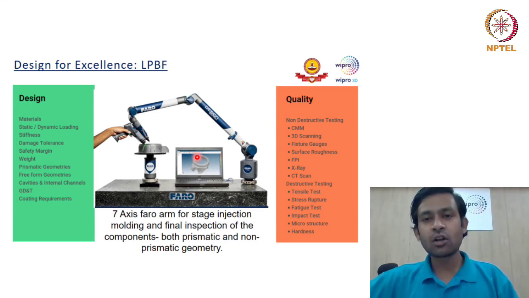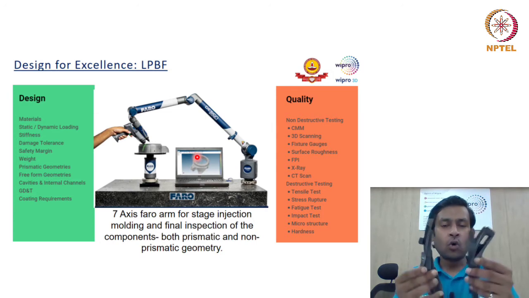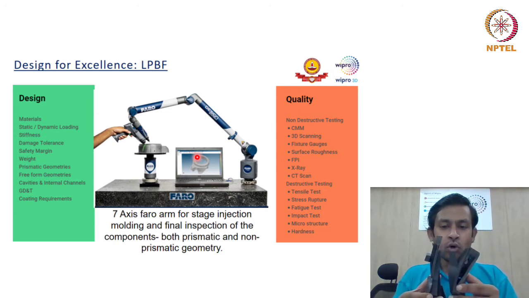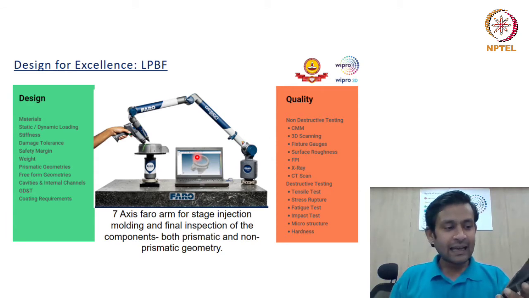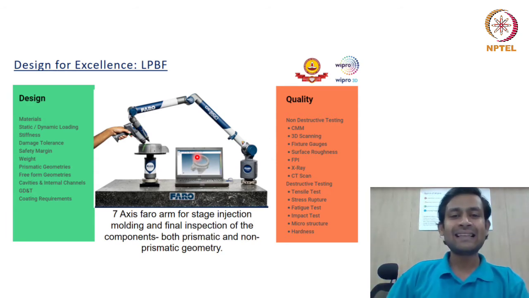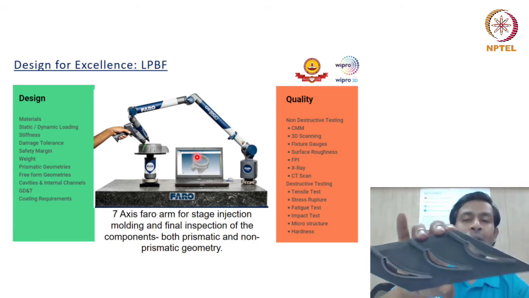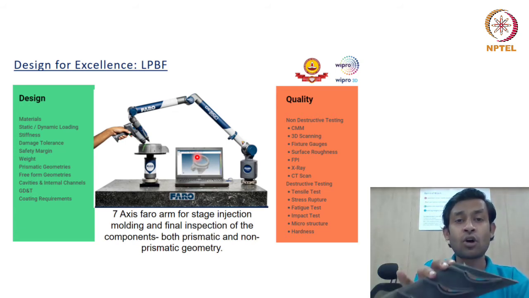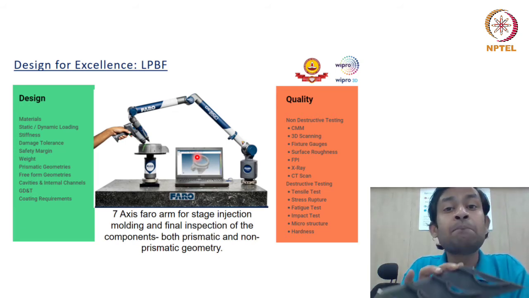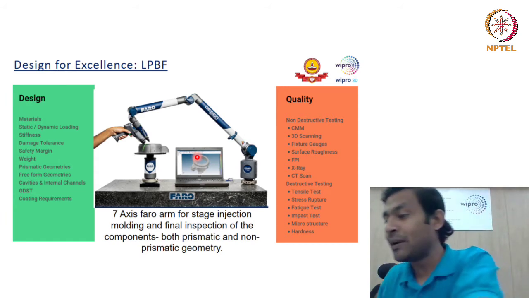So what was the methodology devised here? We built a component, a trial component, only to do the destructive testing. We bisected the component, and then now we could easily see what is the continuity of the hollow profile, whether it has been blocked by powder, whether it has been sintered or not, whether we are able to maintain the minimum gap in the profile or in the cavity channels that we want to maintain.